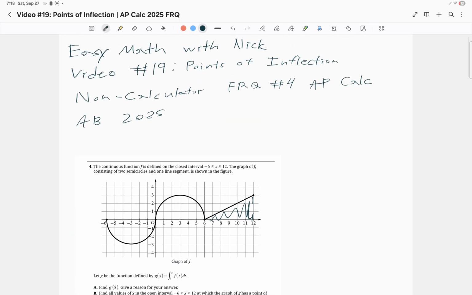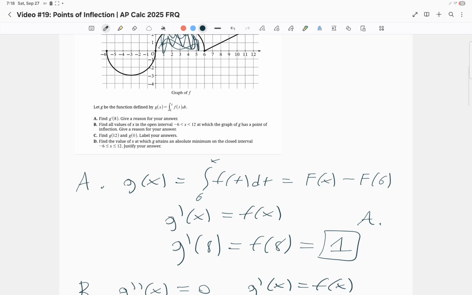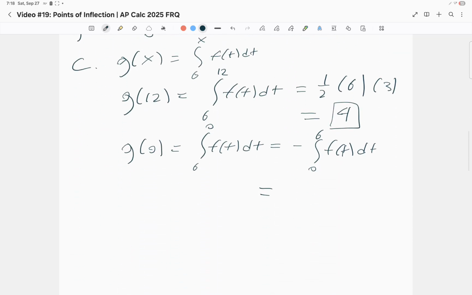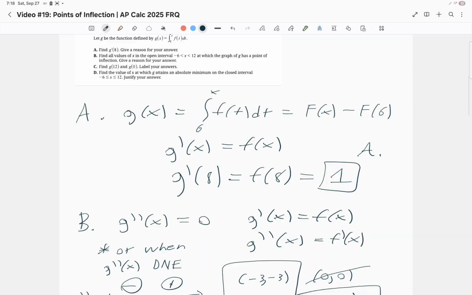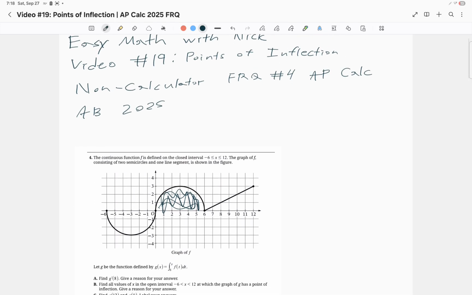And now we're concerned with the area under this semicircle from 0 to 6. So we're finding half of the area of a circle. So it's going to be 1/2 pi r squared. And what is our radius? We have a radius of 3.